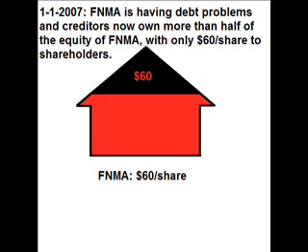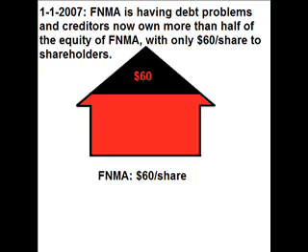And we jump ahead to 2007. Fannie Mae's having some debt problems now themselves. One thing is all that collateral, all that real estate they own so much of, because that's pretty much what Fannie Mae does, is own real estate. Well, it's not worth as much as it used to be. Some concern comes up. Their shares are worth $60 a share now.